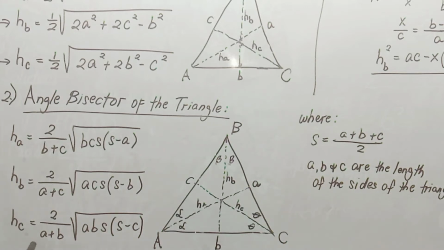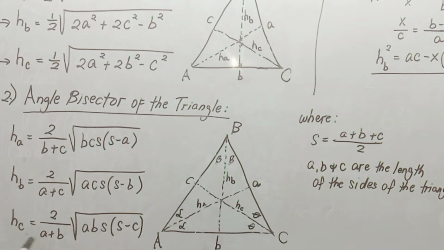Now the third one, h sub c. In order to solve the angle between these two thetas, we need to find first the h sub c, or the median of the triangle.